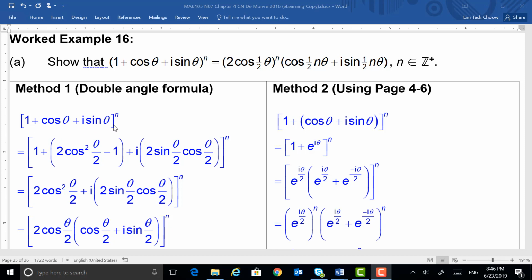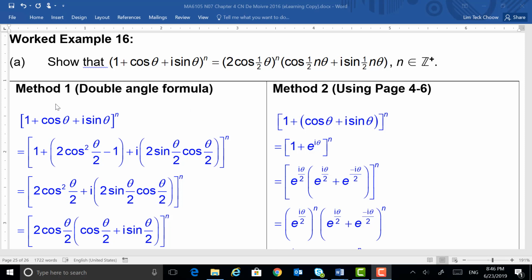In this expression here, Trigo identities allow me to replace the cos theta as 2 cosine squared theta over 2 minus 1. This is the so-called half angle formula. Likewise, sine theta, according to Trigo identity, can be expressed as 2 sine theta over 2 and cos theta over 2.